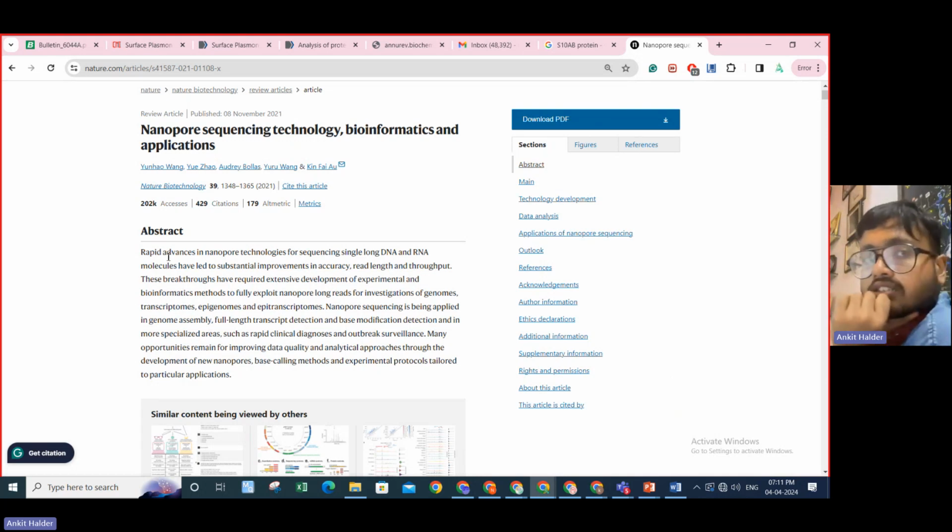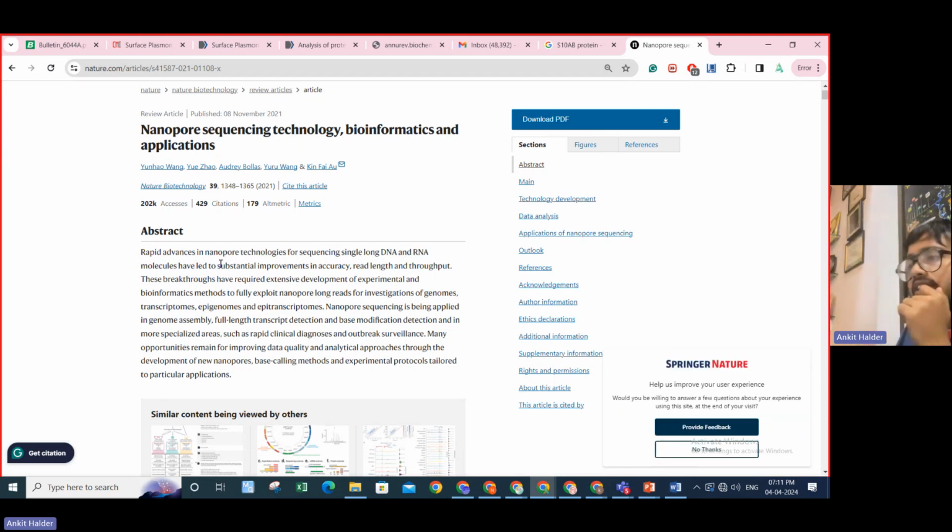Rapid advances in nanopore technologies for sequencing single long DNA and RNA molecules have led to substantial improvements in accuracy, read length, and throughput. These breakthroughs have required extensive development of experimental and bioinformatic methods to fully exploit nanopore long reads for investigations of genomes, transcriptomes, epigenomes, and epitranscriptomes. It is being applied in genome assembly, full-length transcript detection, and base modification detection, and in many more specialized areas such as rapid clinical diagnosis and outbreak surveillance.